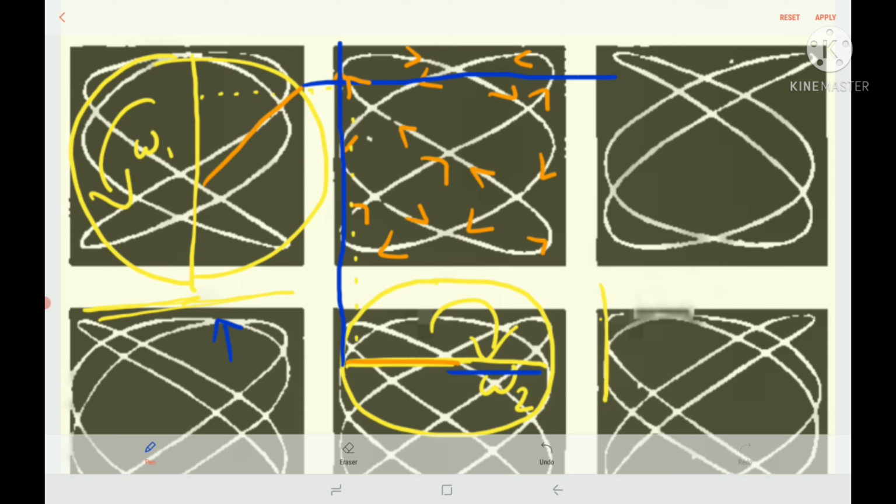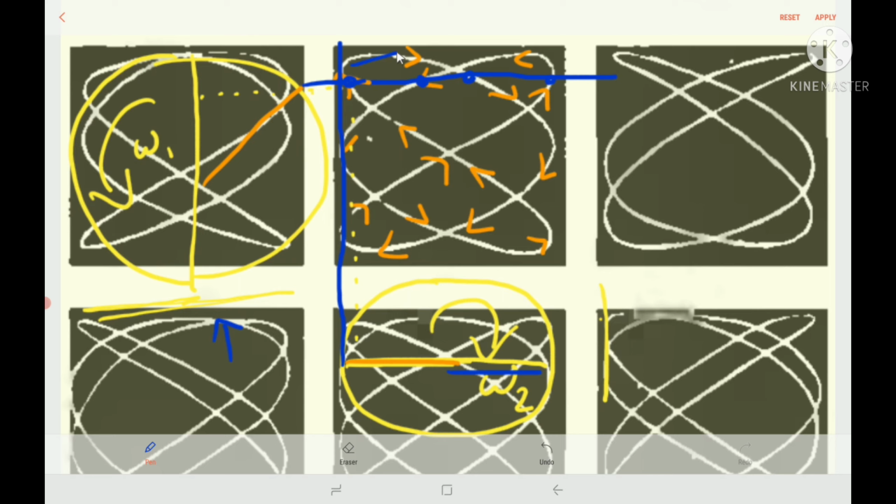So on this line, you can see that there are exactly 4 points where the positions are the same, like here, then here, then here, then here. However, you see that in exactly half of them the direction is upward.